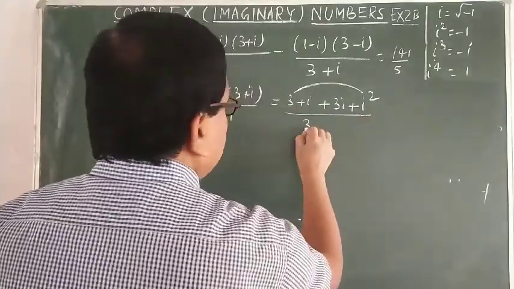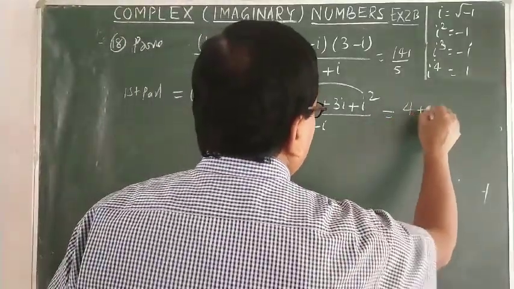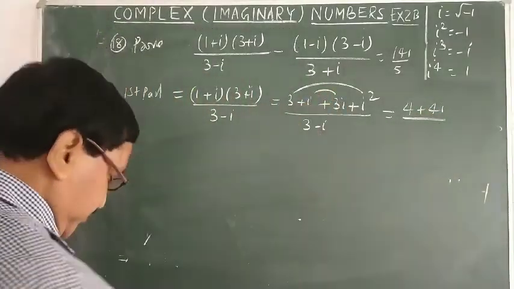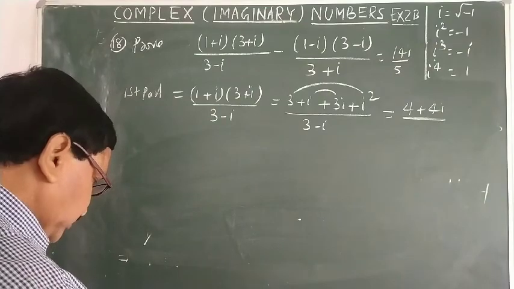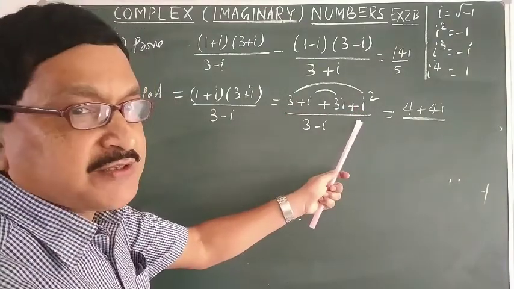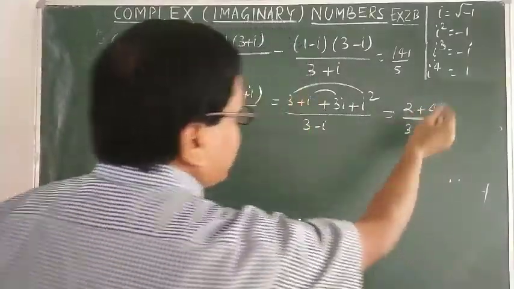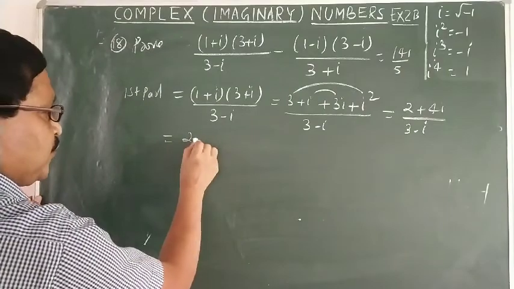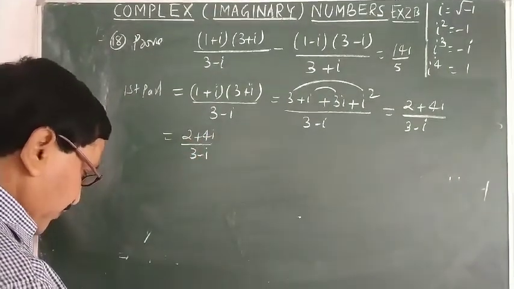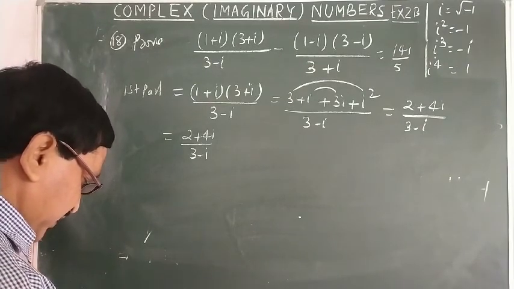So this is 3 + 4i - 1, so the numerator is 2 + 4i, and the denominator is 3 - i. Now rationalize it. 2 + 4i by 3 - i. So let it be rationalized.